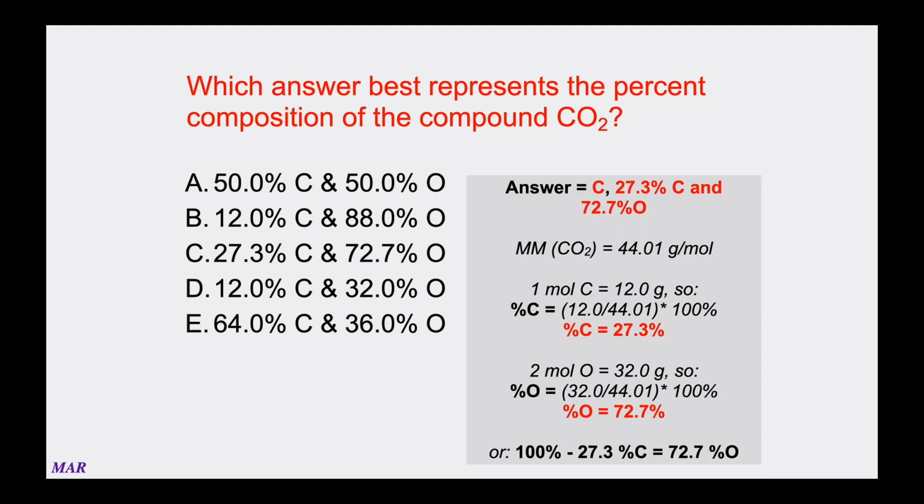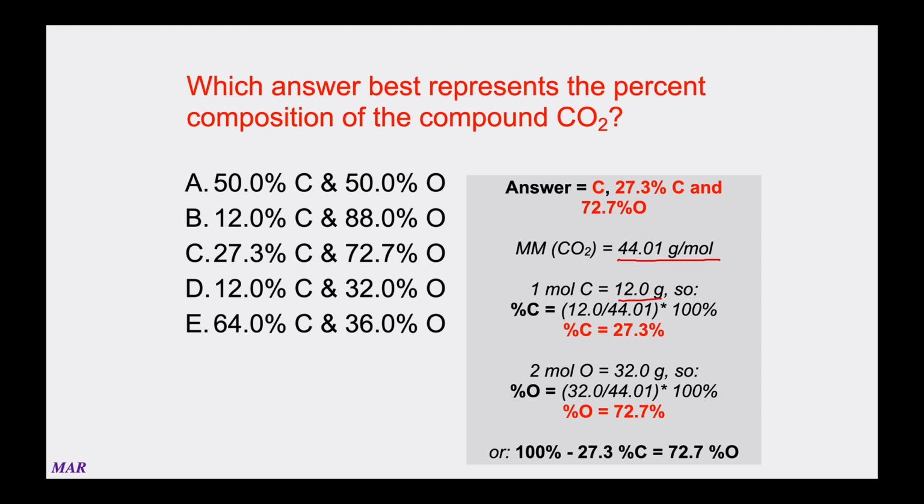So in this problem, here's the actual numbers worked out. And by the way, the answer is C. First of all, to more sig figs than I did off the top of my head, the molar mass is 44.01 grams per mole. And from that CO2 number, there was 1 carbon, 12.0.